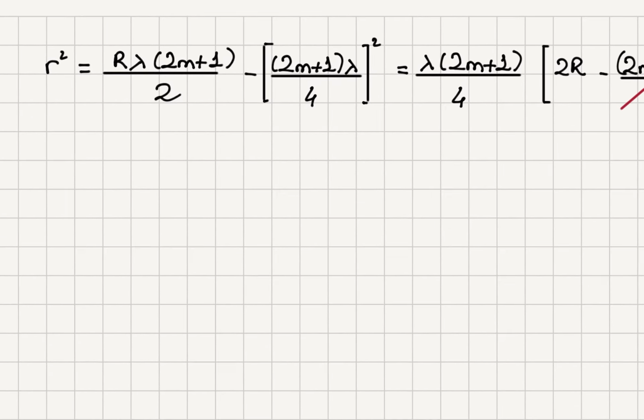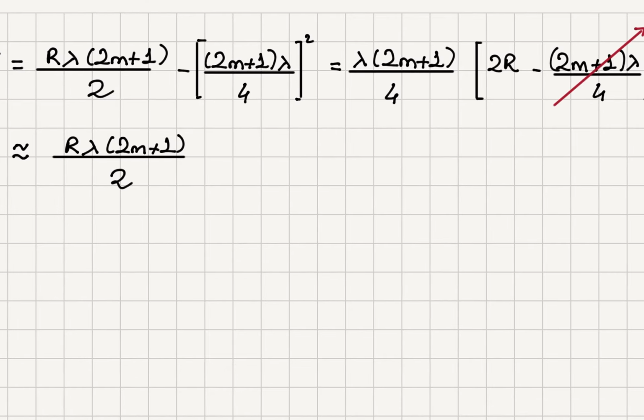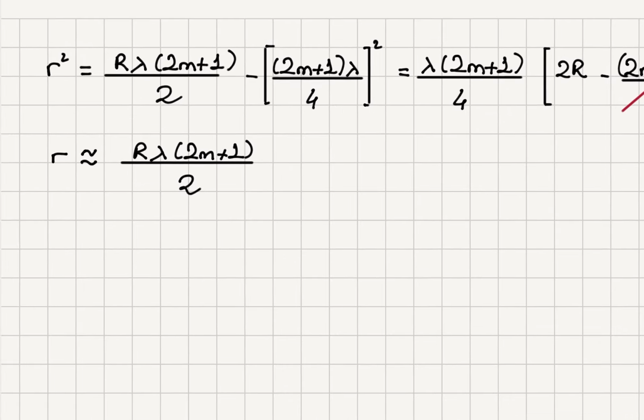Okay, so with that, I will have r is approximately equal to capital R lambda (2m plus 1) divided by 2. So that's going to be this term here, lambda (2m plus 1) capital R divided by 2.